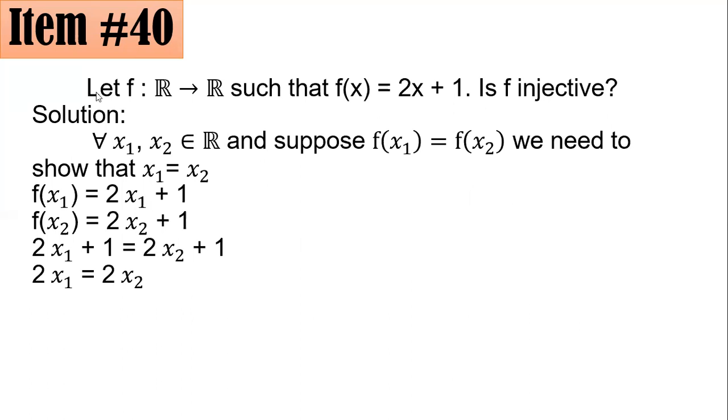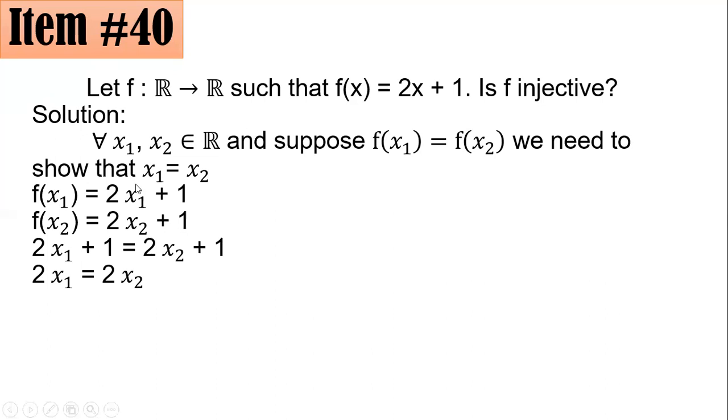The abstract algebra definition is: for all x sub 1 and x sub 2 elements of the real numbers in your domain, suppose f of x sub 1 is equal to f of x sub 2, we need to show that x sub 1 is equal to x sub 2 to claim that it is a one-to-one or injective function.